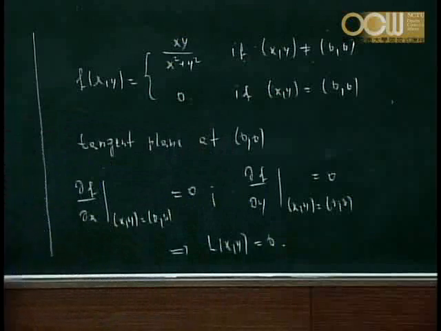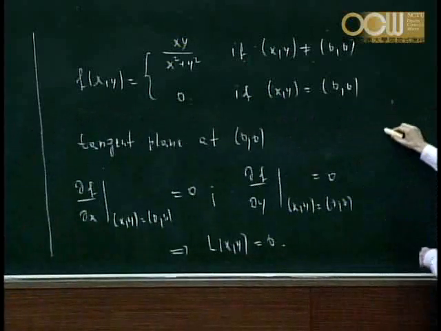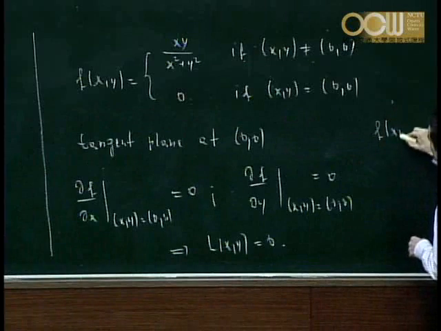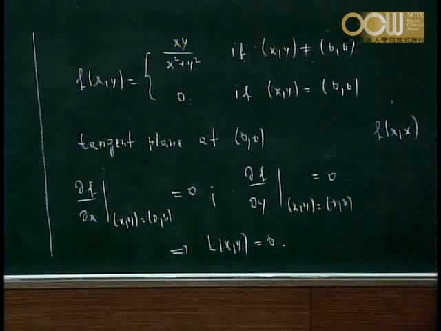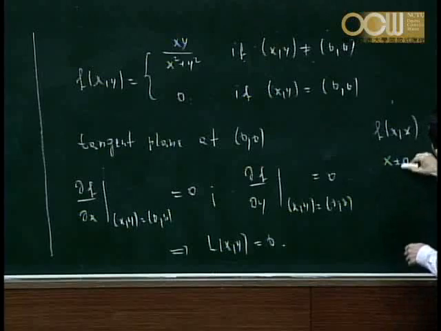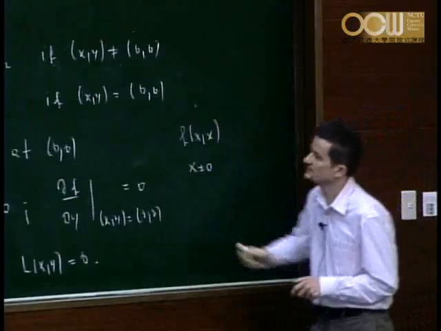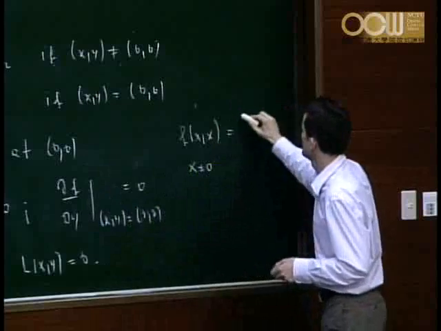Why? This is very easy to see, because you see that f of x, as long as x is not equal to 0, if you plug this in, you see it's always 1/2.